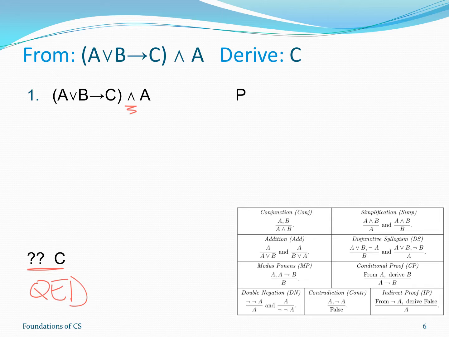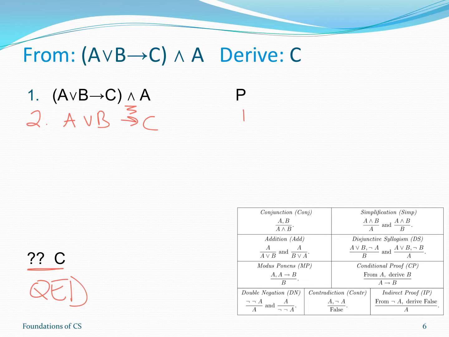So let's keep going. I know for sure I may not need it, but given that I was given this as a problem, as an assignment to prove, I probably do need each of the individual pieces of this premise. So let's always get into the habit that the first thing we're going to do is take this out from the premise.